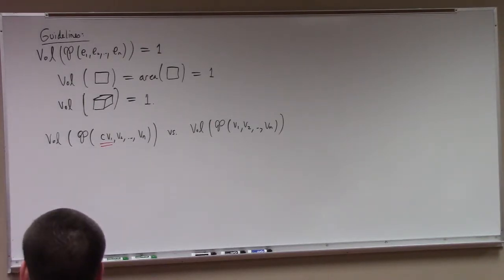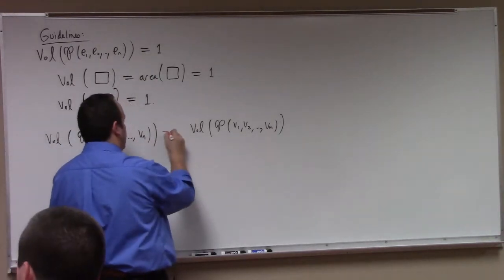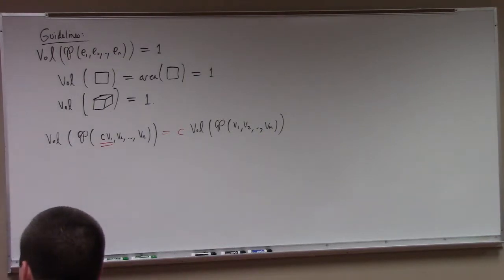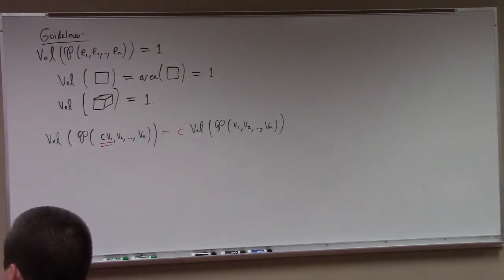The volume should scale by C. We know this from the area of a rectangle, length times width. If we make the length C times the length, we get C times the length times width. And the same for the width. So we should be able to say that this is equal to C times the volume, with the understanding that if C is negative, we've disoriented it, which will affect the signed volume.